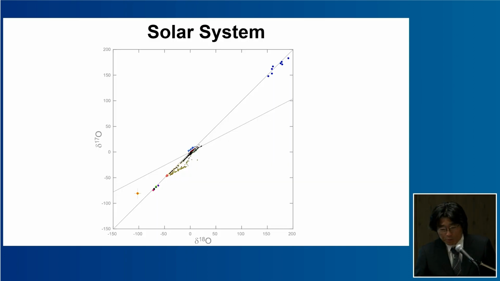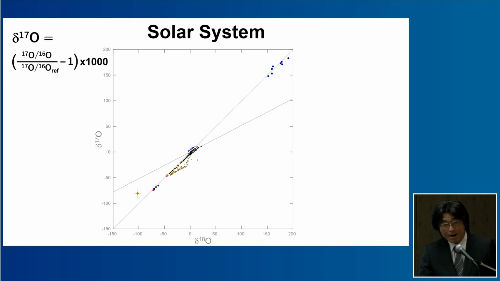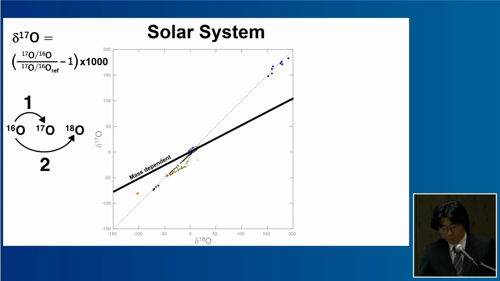This is the oxygen isotopic composition of our solar system. Not very scattered. The Y-axis is the isotope ratio of O17, and the X-axis is O18. Boiling, evaporation, or some other thermodynamic reaction should make a line with a slope depending on the mass differences.